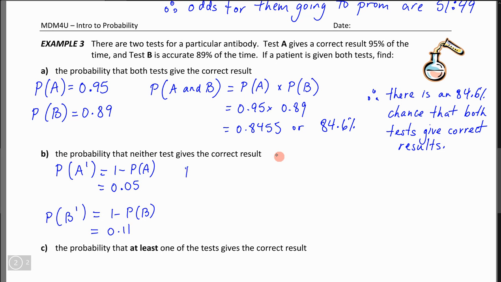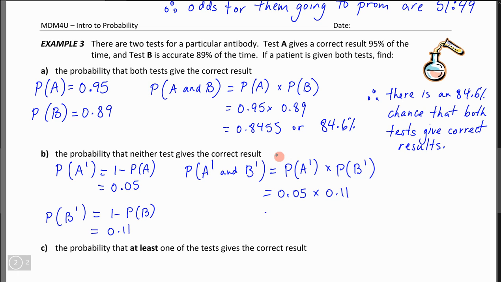So the probability of A not giving the correct result and B not giving the correct result, the two complementary events, is equal to the probability of the complement of A times the probability of the complement of B. So 0.05 times 0.11 is 0.0055, a very small number, which is 0.55%.